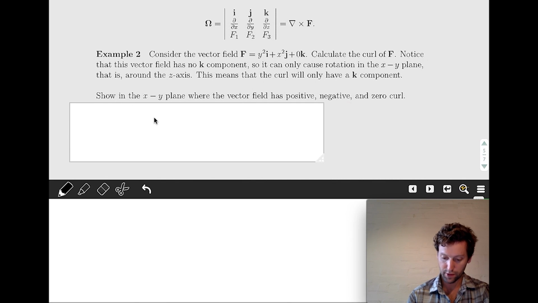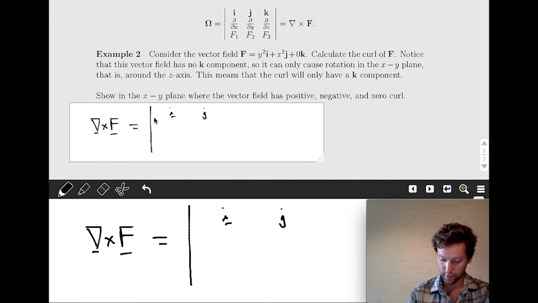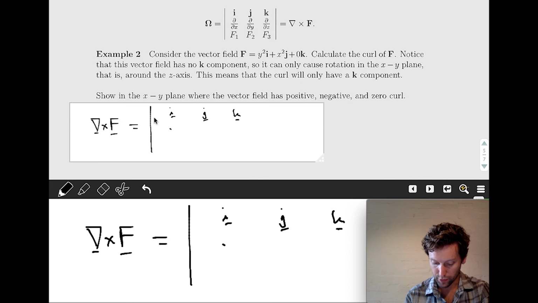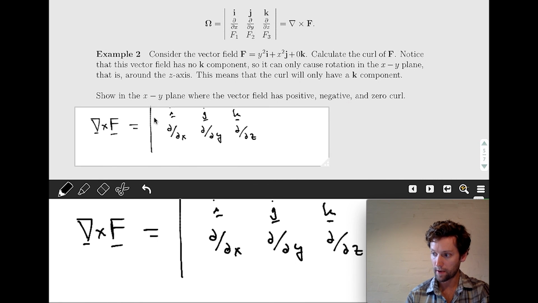So we have our vector field. Let's calculate its curl using the cross product, del cross F, which is i vector, j vector, k vector, partial derivative with respect to x, partial derivative with respect to y, partial derivative with respect to z, and the components of my vector field F are y squared, x squared, and 0.